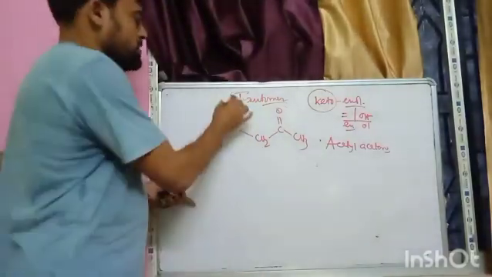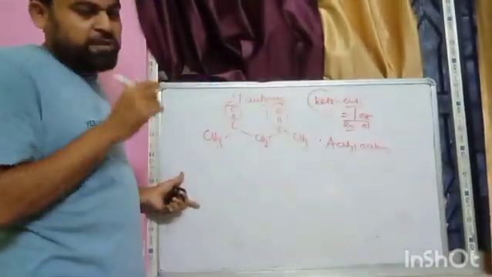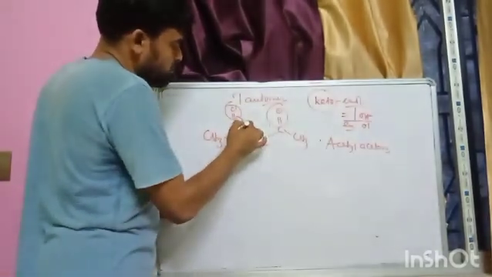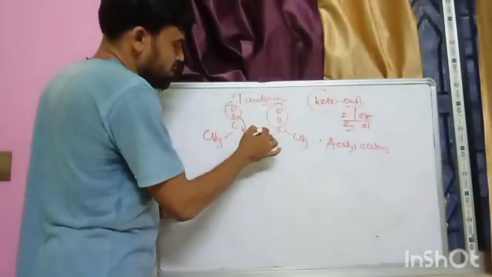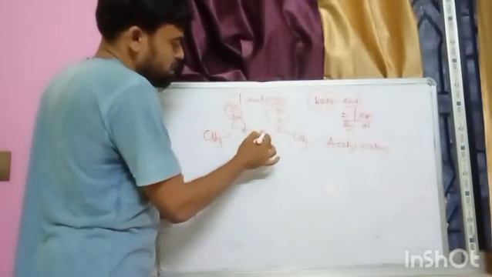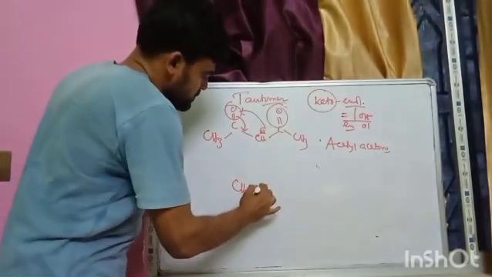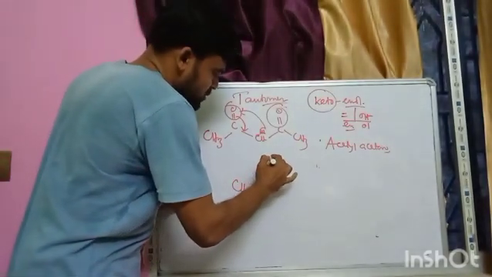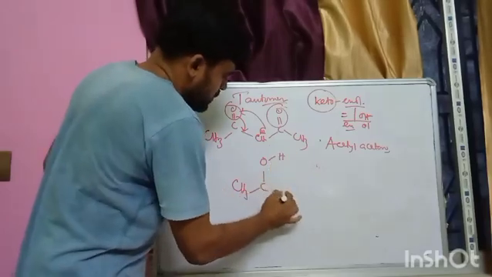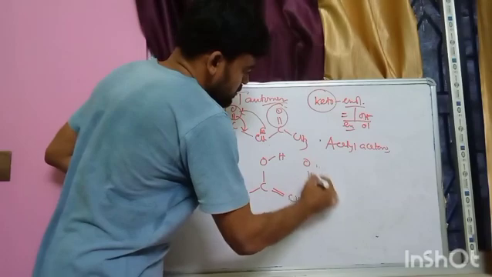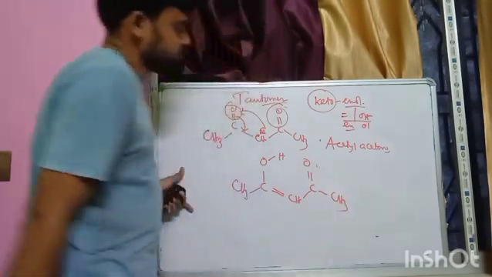Here the keto form, that is C double bond O, is the keto form, and the another form is enol. Here the double bond O comes here, and the one H goes to O. So it is CH3 C single bond OH, double bond CH, single bond C double bond O, single bond CH3.